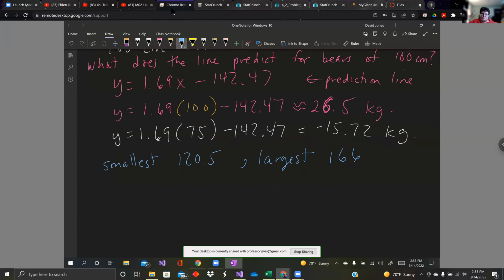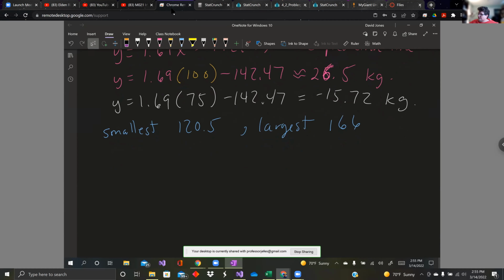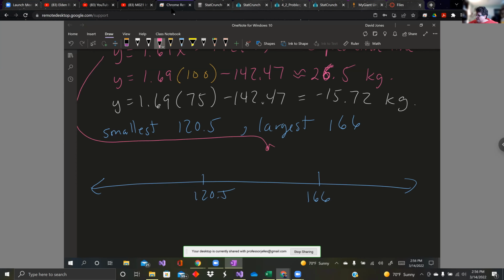So I got those. I'm not going to do the full two-dimensional graph. Let's just do a number line. This equation predicts values in this region, because it doesn't have data outside it.